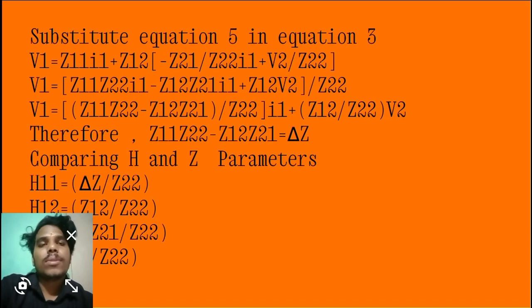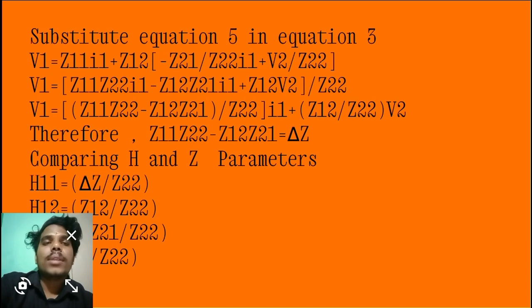V1 equals Z11 Z22 I1 minus Z12 Z21 I1 plus Z12 V2 by Z22. V1 equals Z11 Z22 minus Z12 Z21 by Z22 I1 plus Z12 by Z22 into V2.